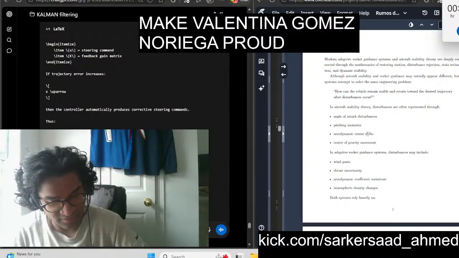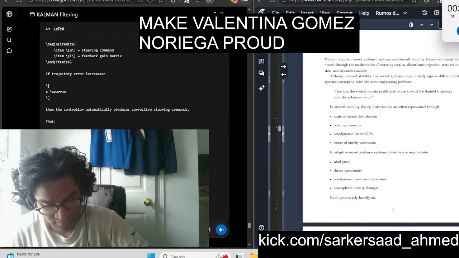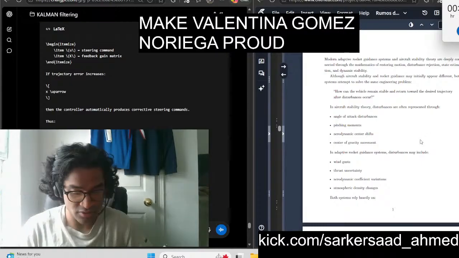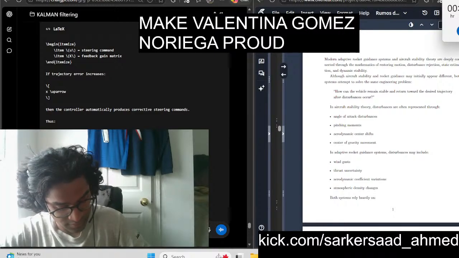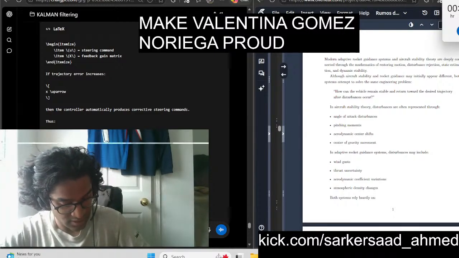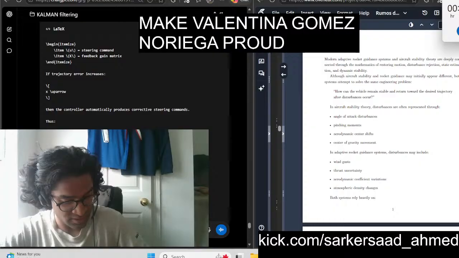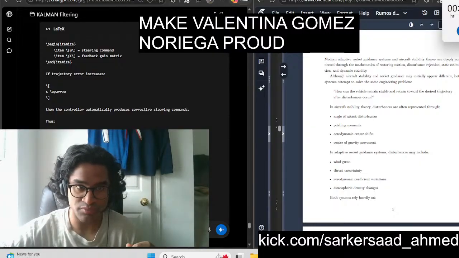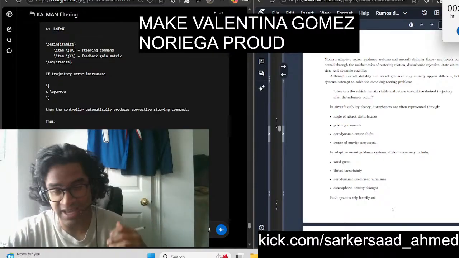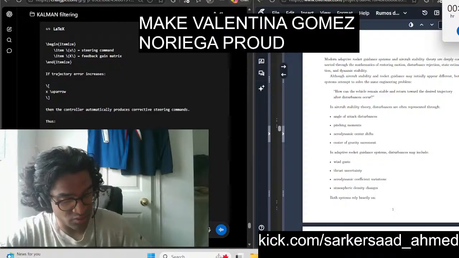So any rocket guidance systems, they're connected to restoring motion, the disturbance, the state estimation, and dynamic stability. So what are they connected to? Any rocket guidance system will have what?